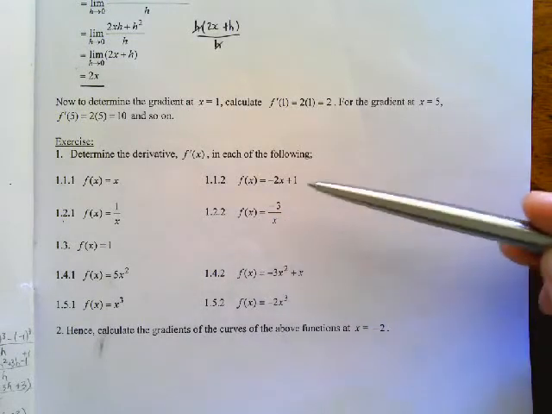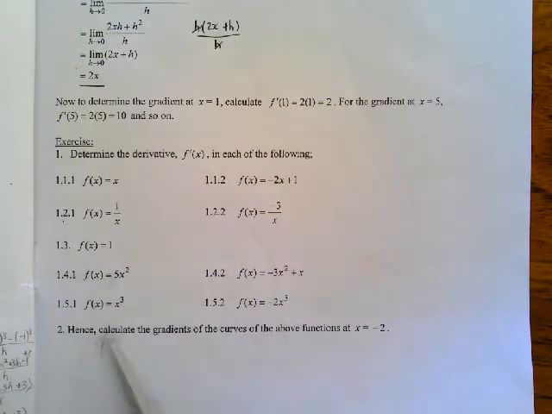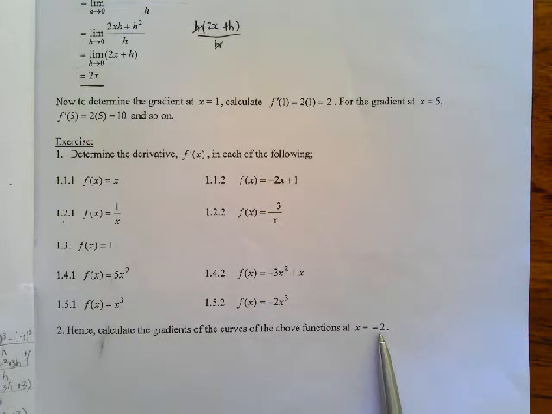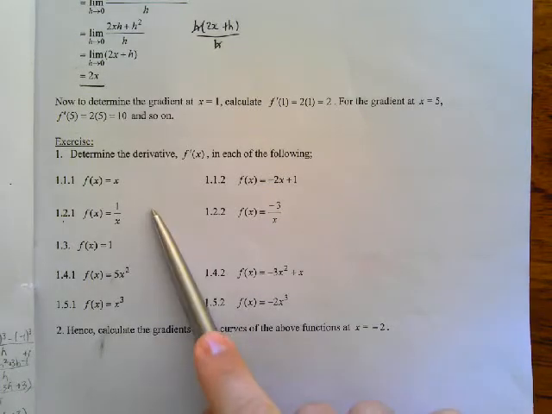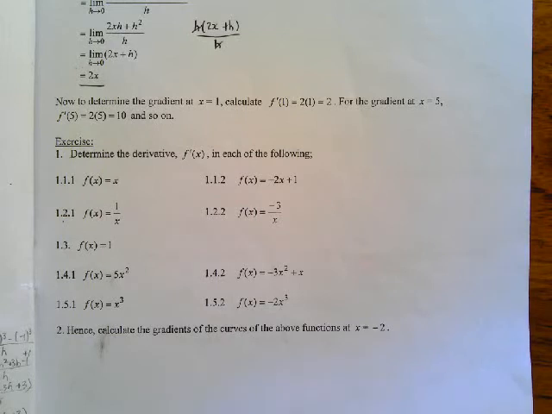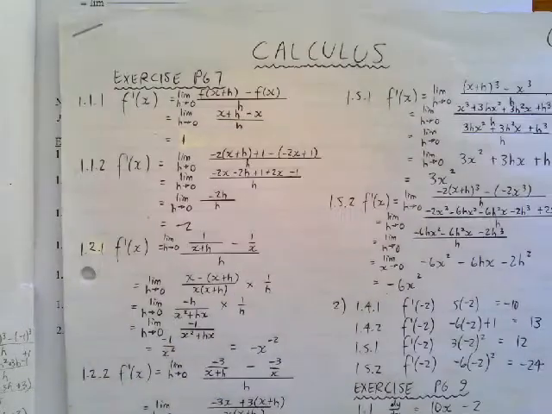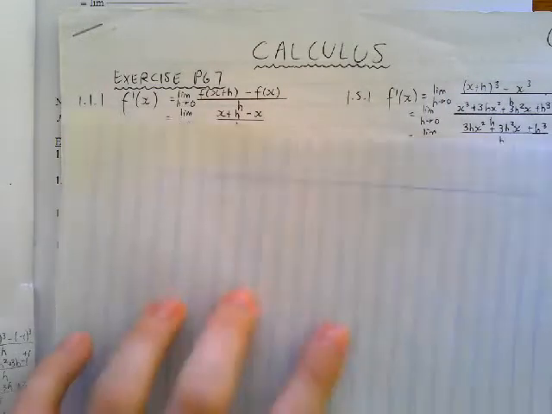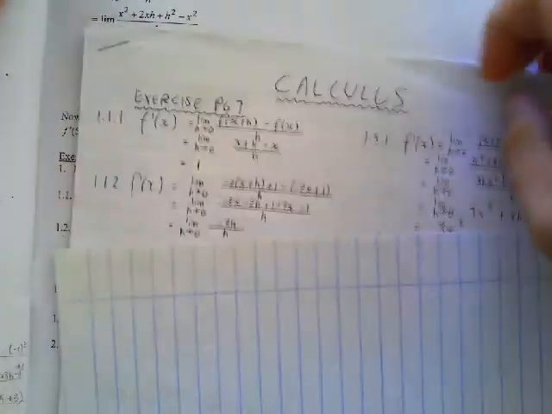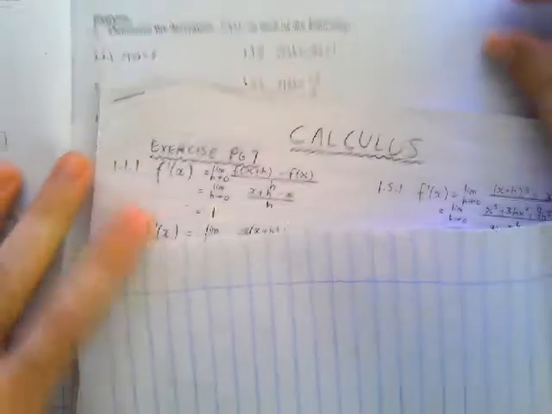And then possibly, in number 2, hence calculate the gradients of the curves at negative 2. So then we would sub negative 2 into the first derivative of all those. I've got the answers here in my scribble, so for number 1.1, I'm just going to go through it quickly.